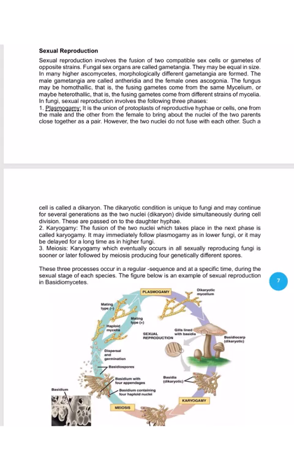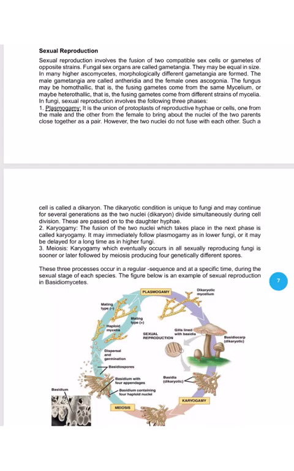Certain fungi continue the process of plasmogamy for a long time. So you might see under the microscope that the hyphal cell has two nuclei. Others, you might find one nucleus, because there is a fusion between the two nuclei of the two gametes, and this stage we call karyogamy.